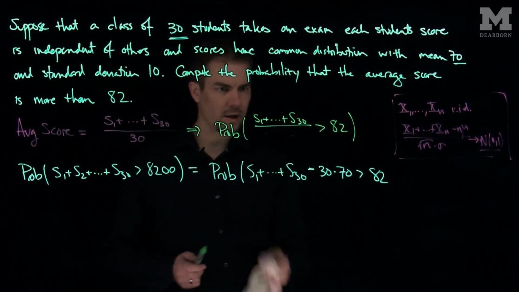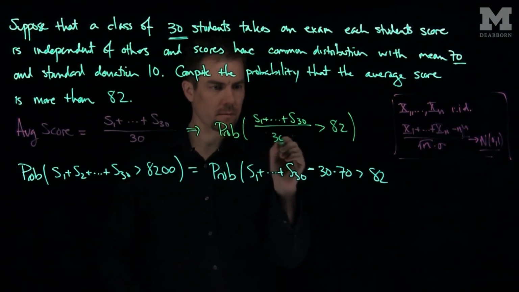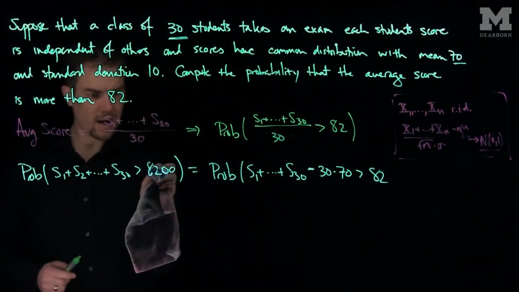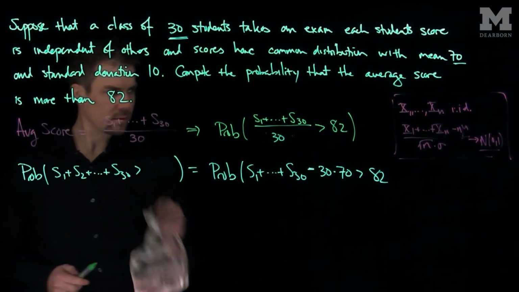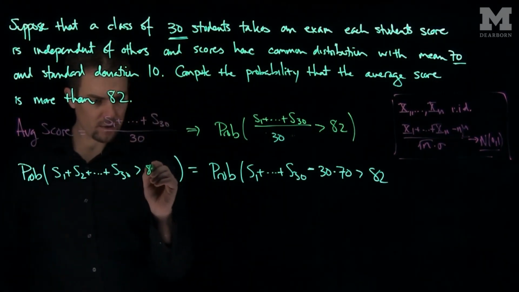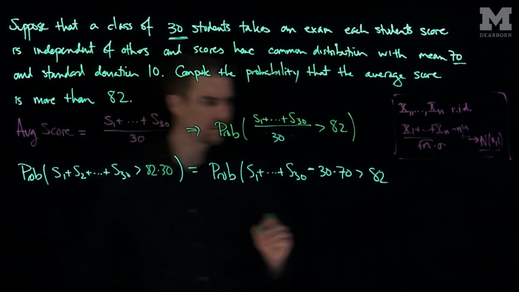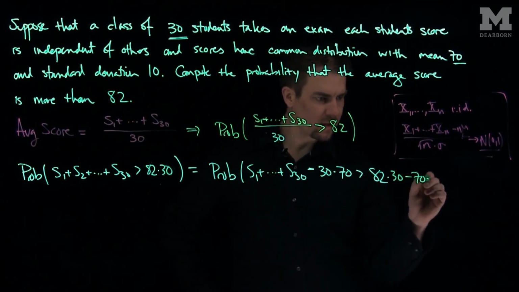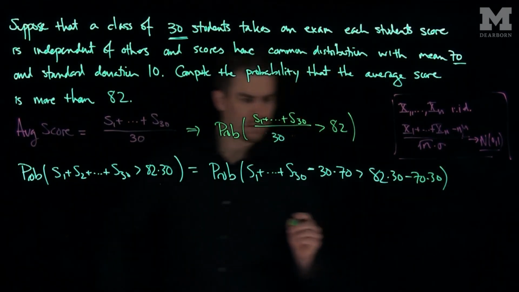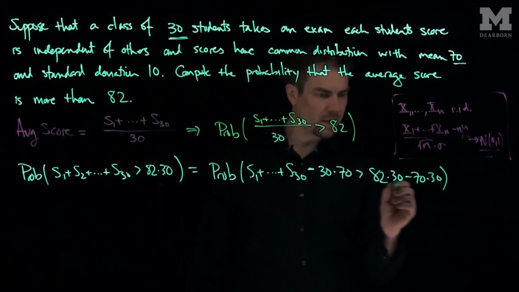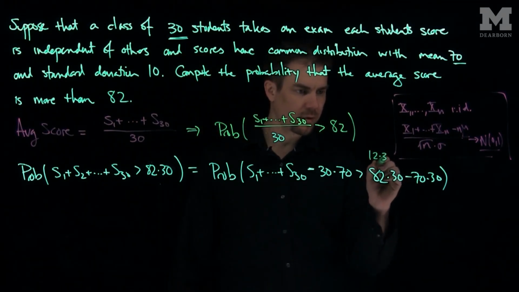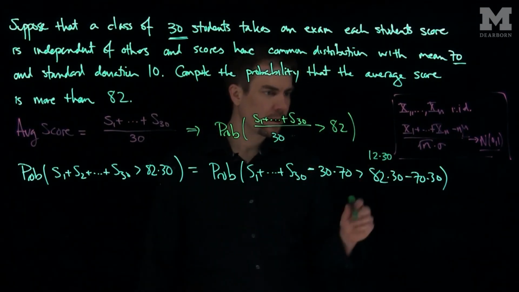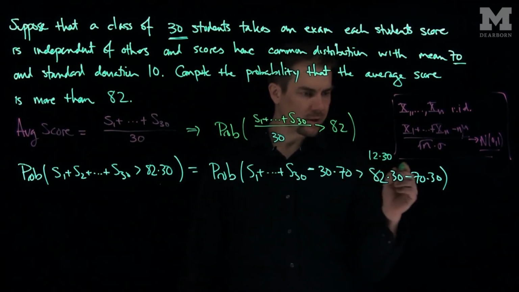So this becomes 82 times 30 minus 70 times 30, which is 12 times 30, and that will be 360.